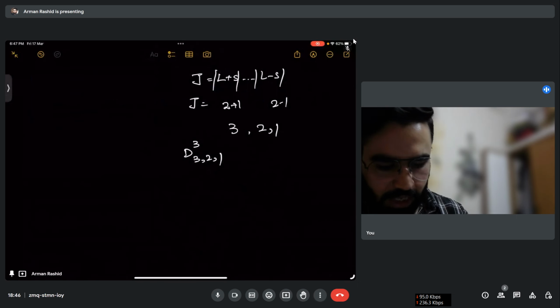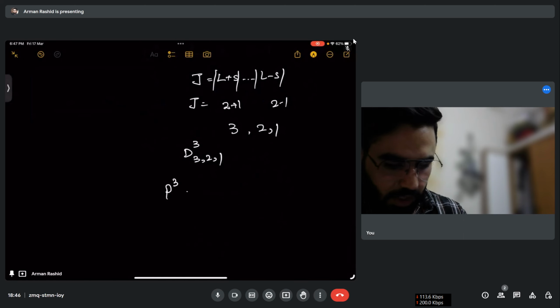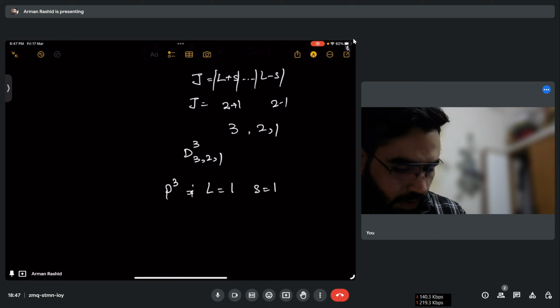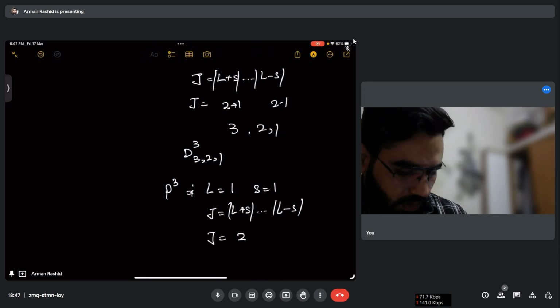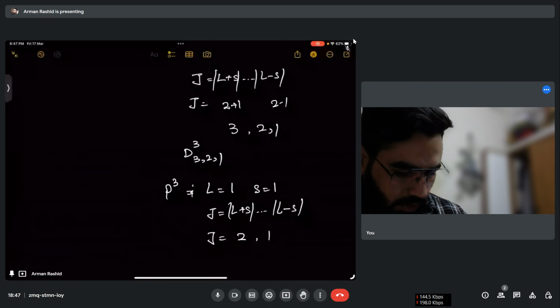Then the last one we have is P3. Here L is 1 and S is 1, so J will be from L plus S to L minus S. J will be from 2, 1, 0.